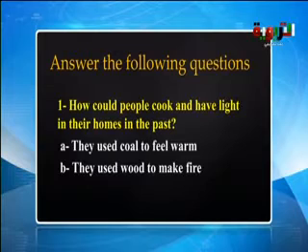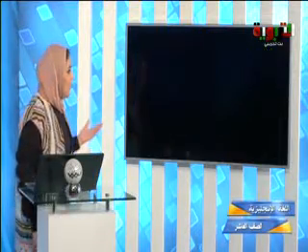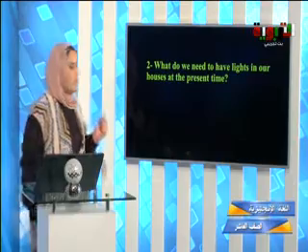So, they used things from nature. Natural things, natural sources of power. So, for example, the coal and the fire and the wood, they are natural sources from the nature, natural sources of power. Okay?